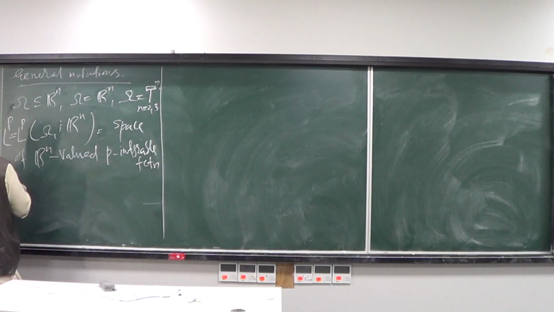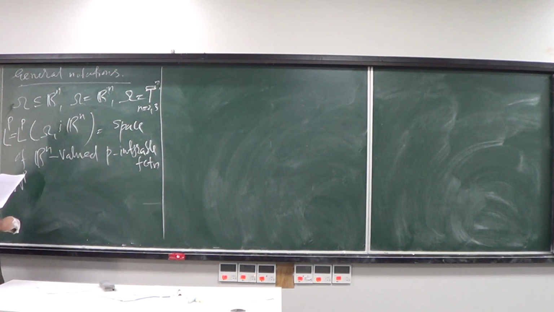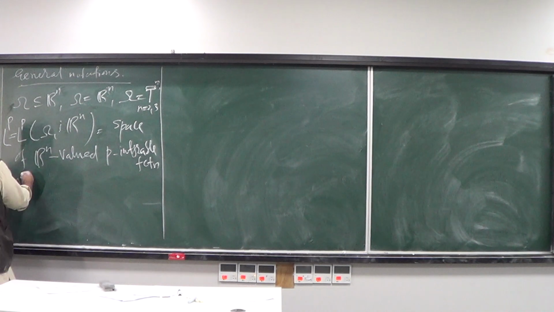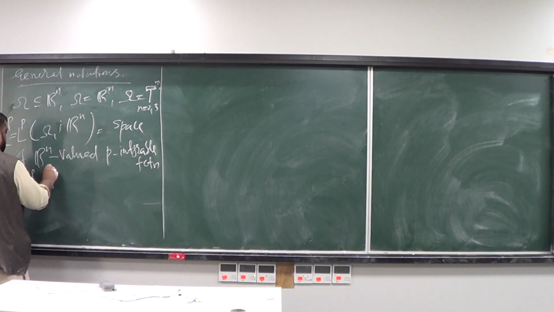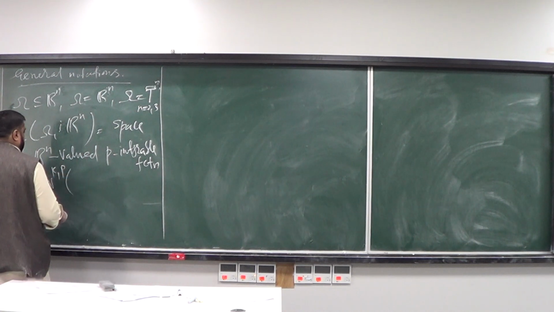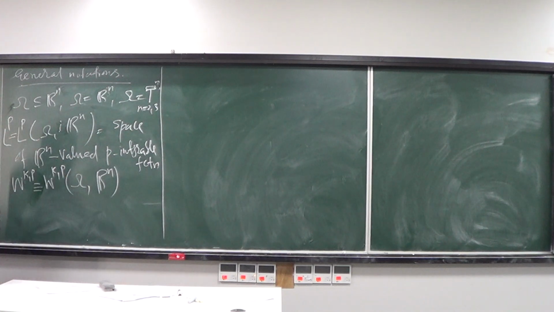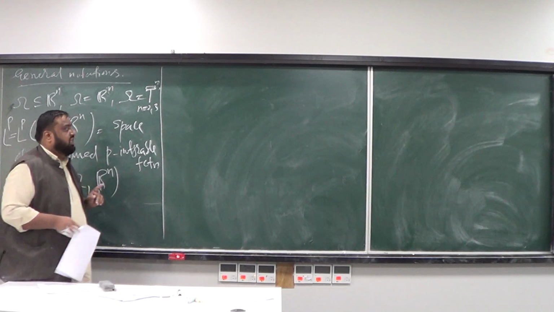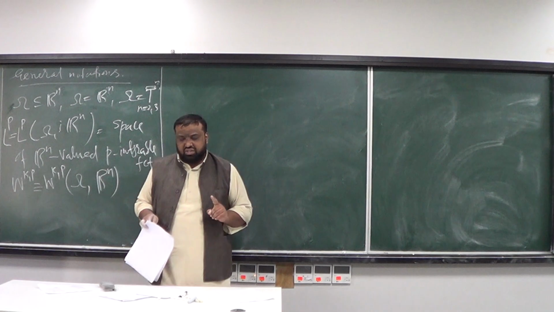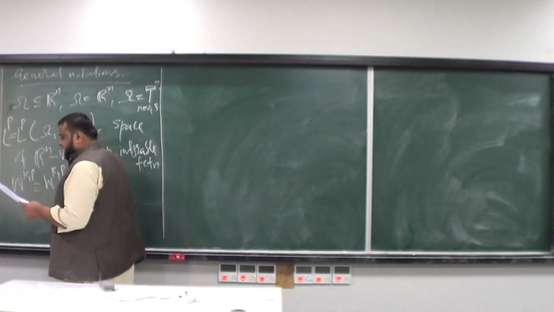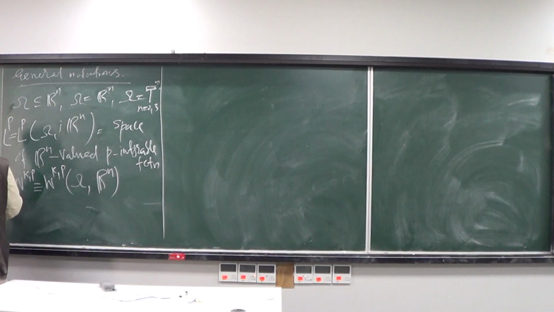And the other interesting space, for which I'll use the notation Wk,p, is basically the Sobolev space Wk,p. It takes input from omega and maps into Rn, so it's going to have a 2 or 3 vector depending on the dimension. As I said, I'll be interested in solving the Navier-Stokes equation in 2 dimensions, at least in the weak sense.